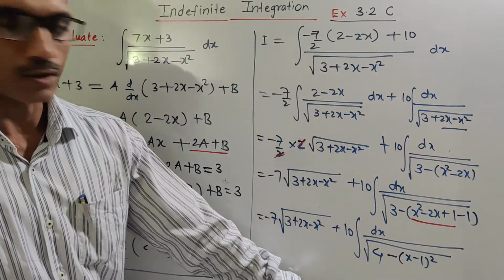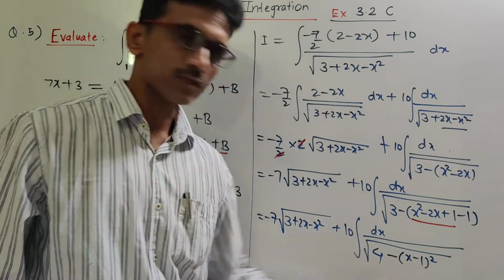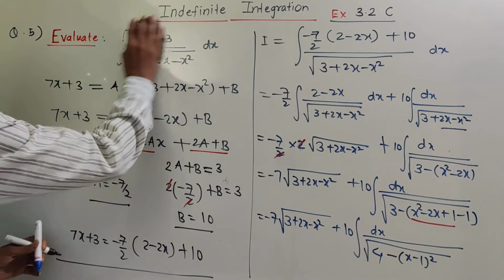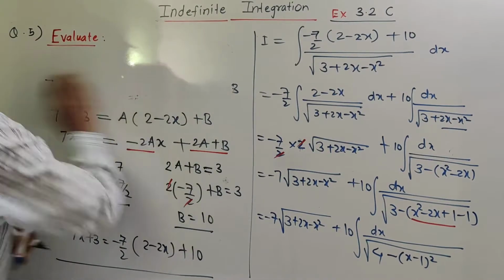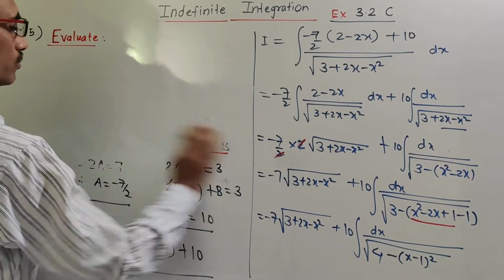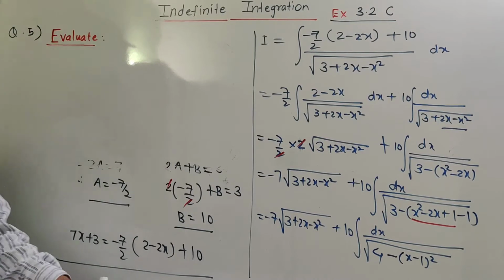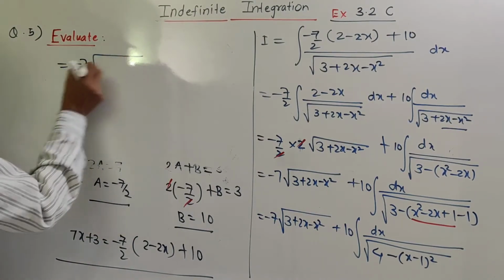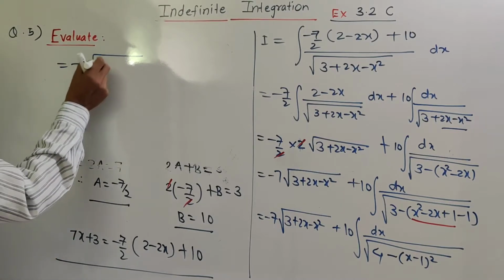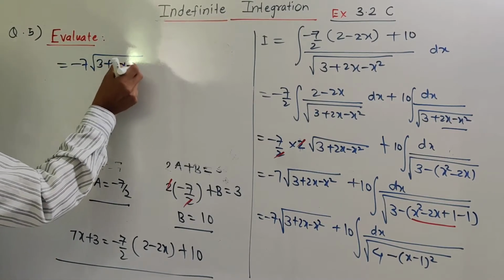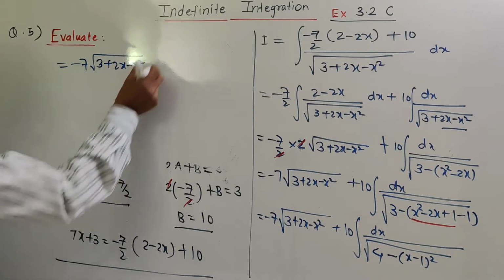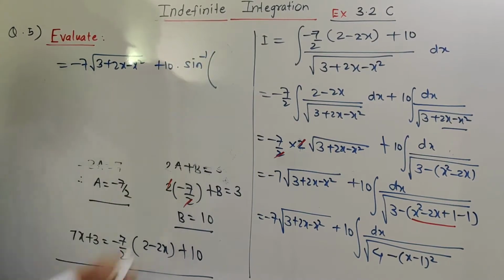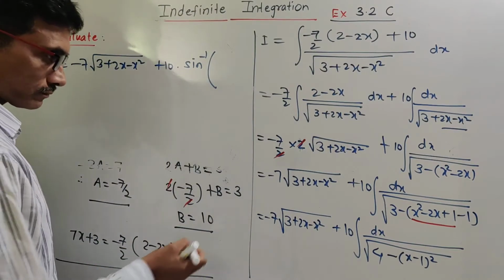Now this integral is of the form dx upon root of a square minus x square. So its integration is what? Sine inverse of x upon a. Integral dx upon root of a square minus x square. So minus 7 root of 3 plus 2x minus x square plus 10 sine inverse of x upon a.